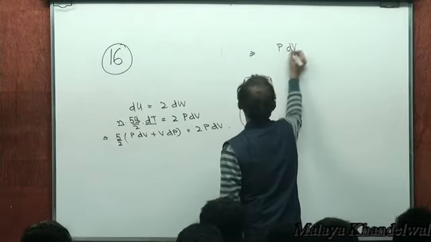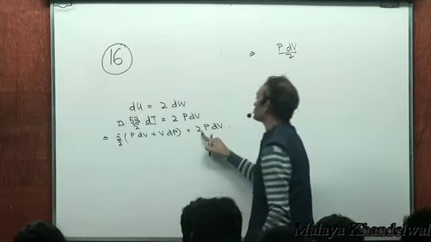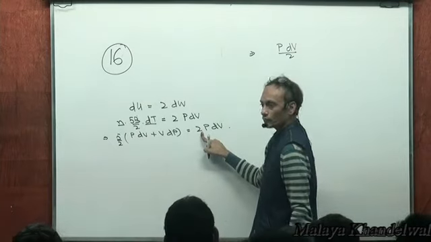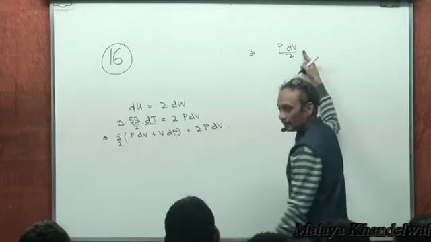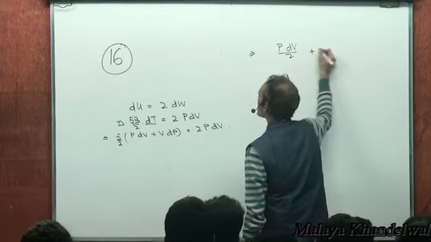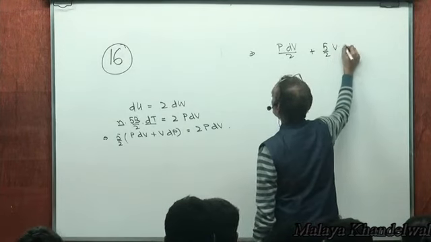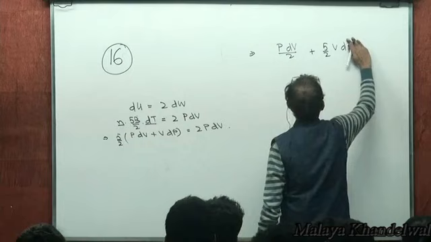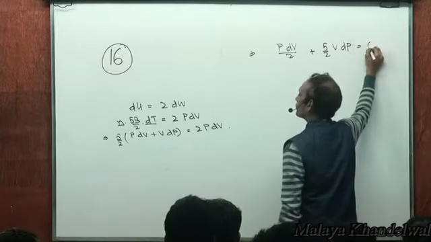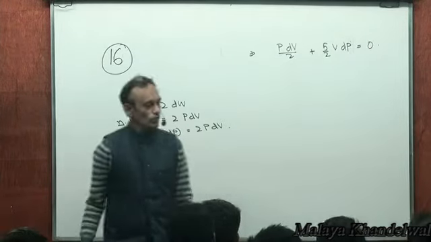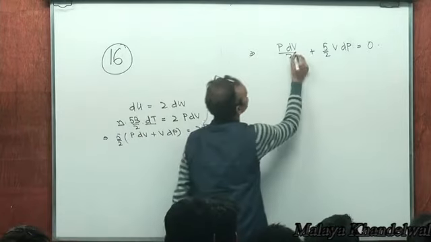See, 5 by 2 minus 2, which is 1 by 2 PdV, plus 5 by 2 VdP is 0, right? 2 gets cancelled.